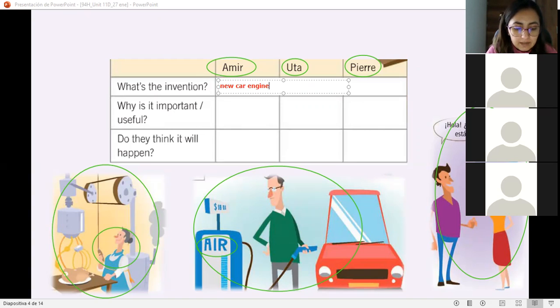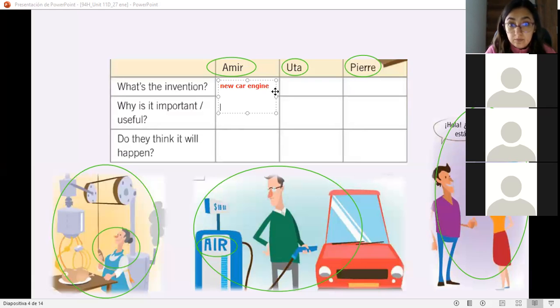Why should this new kind of engine be created? ¿Por qué sería algo útil que se cree un nuevo tipo de motor?